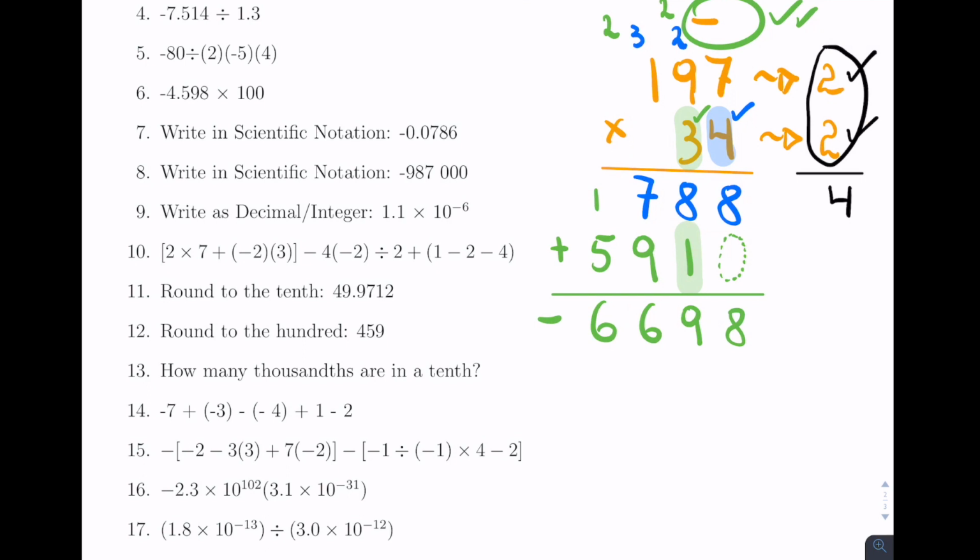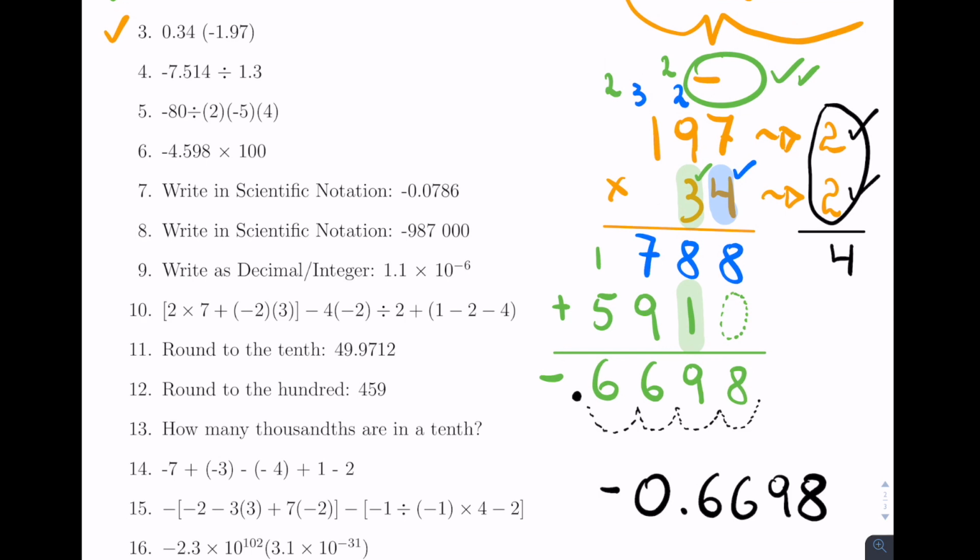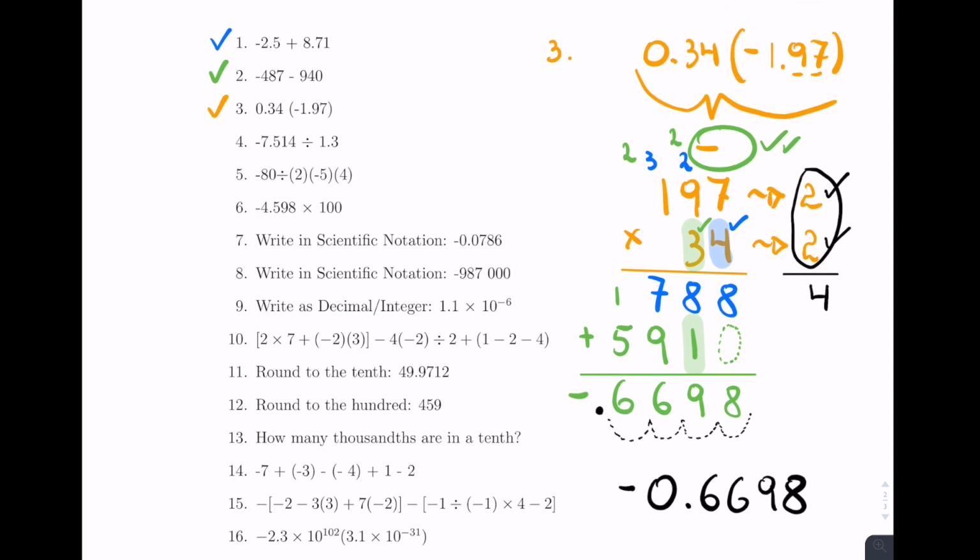Hence, I will start from the back and insert 4 decimal places. 1, 2, 3, 4. So my decimal place goes there. So my full answer can now be written. That is question number 3.